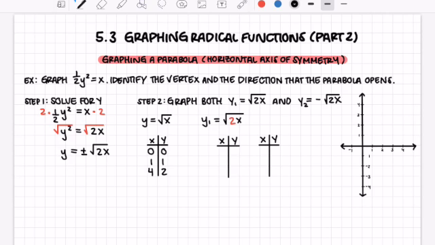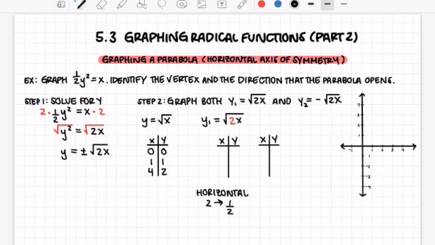Just a reminder: whenever it's on the inside of your square root, that means you're using some type of horizontal shift or stretch. And if it's horizontal, that means I need to change my whole number and flip it into being 1/2 instead.